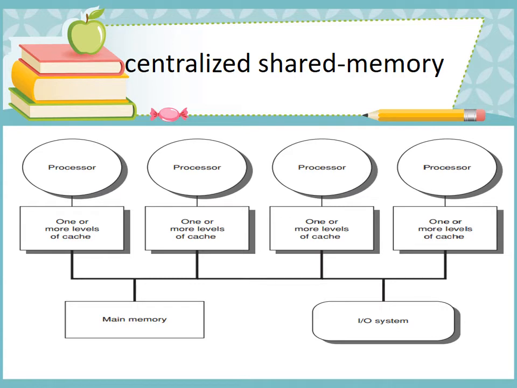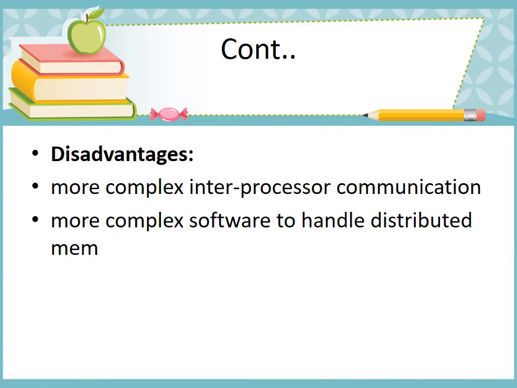The disadvantages of this centralized shared memory are, first, more complex interprocessor communication. As we saw, there are different processors and it is somewhat complicated to have communication between two processors.